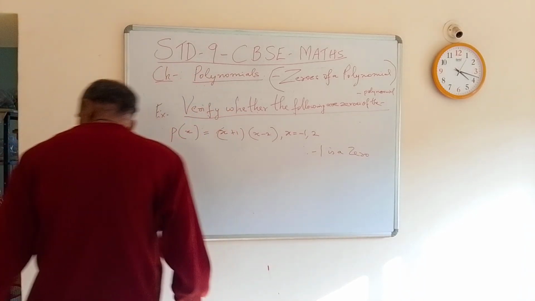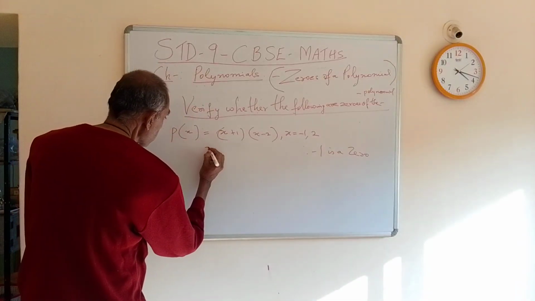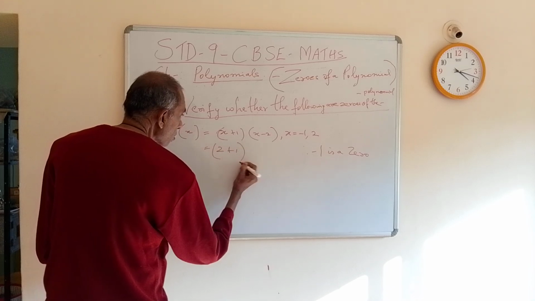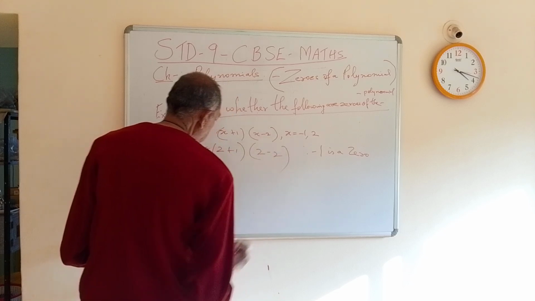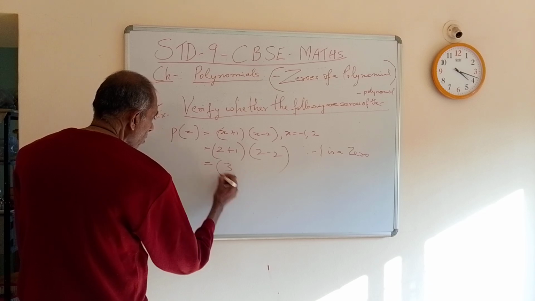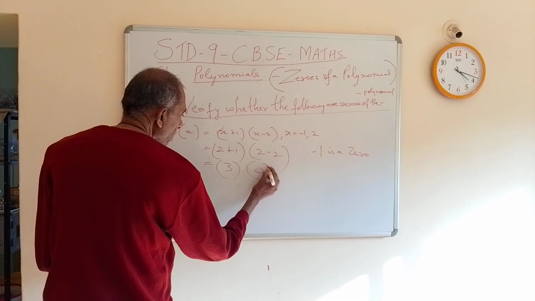Now we are taking the value of x to be 2. So again here this is equal to 2 plus 1 and this will be 2 minus 2. So again we are getting here 2 plus 1 is 3 in the bracket, and 2 minus 2 is 0. So again 0 is coming in the second bracket.